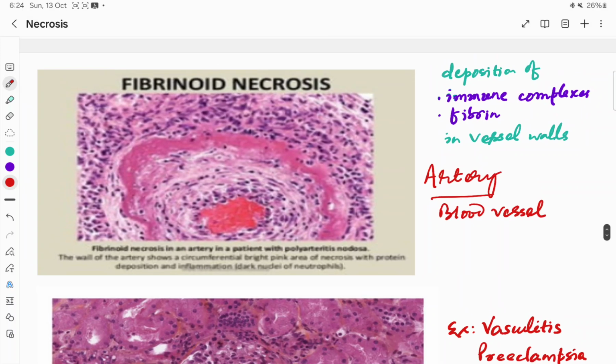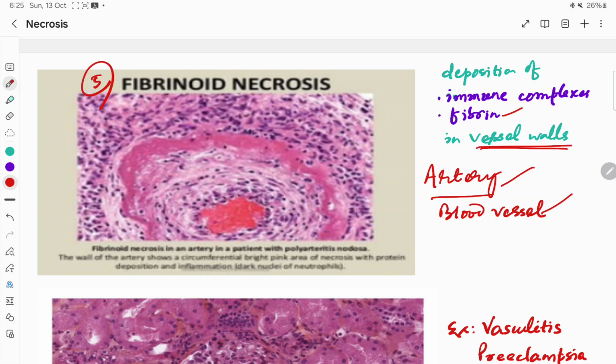Then the fifth type of necrosis is the fibrinoid necrosis, which affects the blood vessels like arteries, and is caused by deposition of immune complexes and fibrin in the walls of the blood vessels.